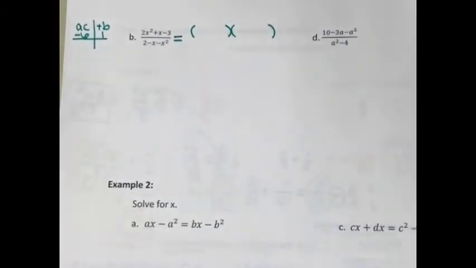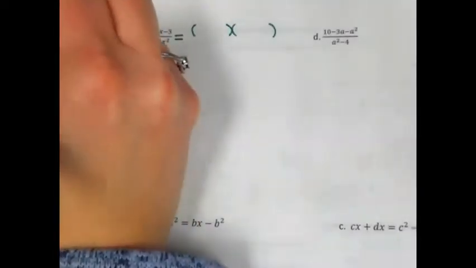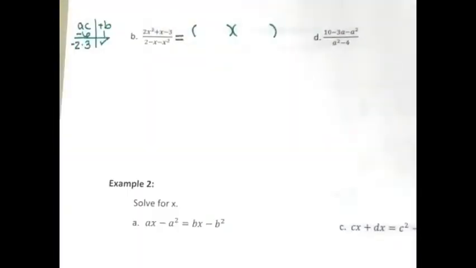So my A times C is -6, and it has to add to be 1. So what times what is -6 that adds to be 1? Perfect. -2 and +3, right?